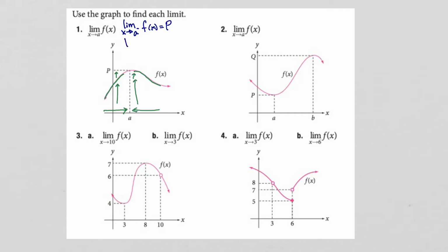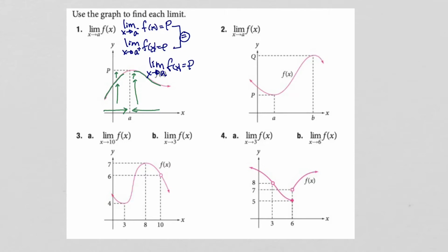So I'm going to write the limit as x approaches a from the right side of f of x is also equal to p. And because as we come in from the left side and the right side, these two values are equal, we're going to say that that's our limit. So we conclude that the limit as x approaches a of f of x is equal to p.